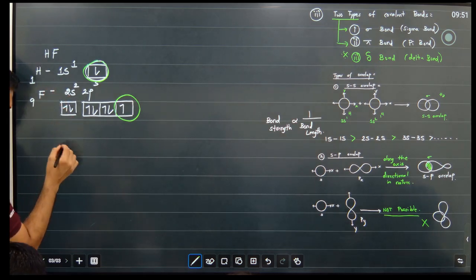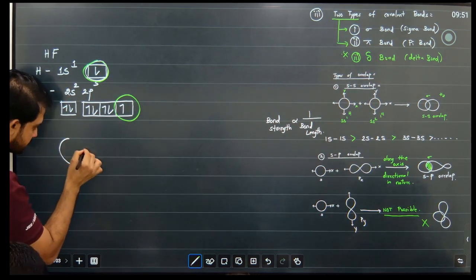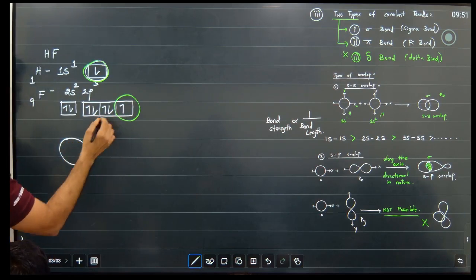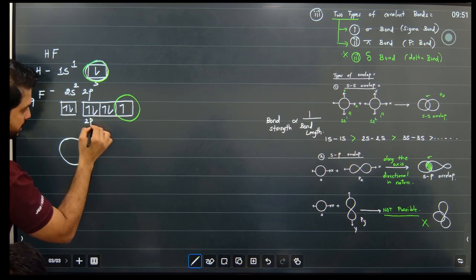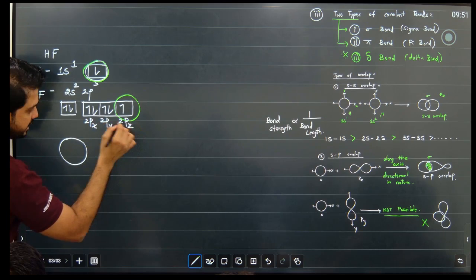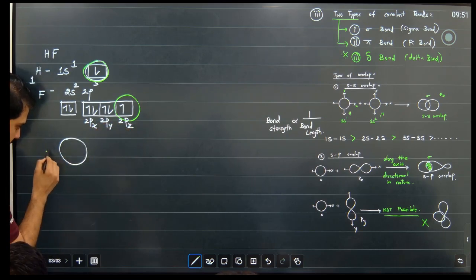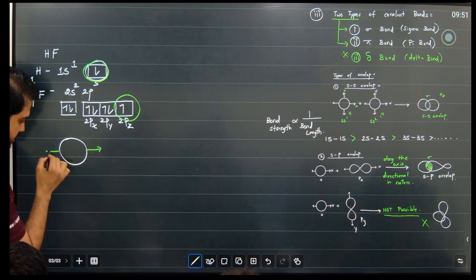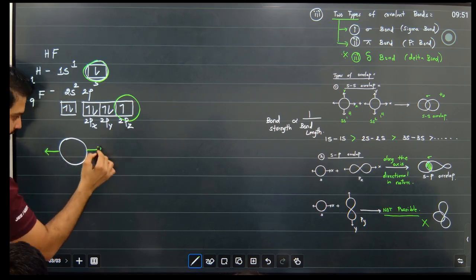So हाइड्रोजन का 1s and यहाँ पे let's say this is, if I say ये है 2px और let's say ये है 2py और let us assume ये है 2pz. So this s orbital has to come along which axis? Z axis.